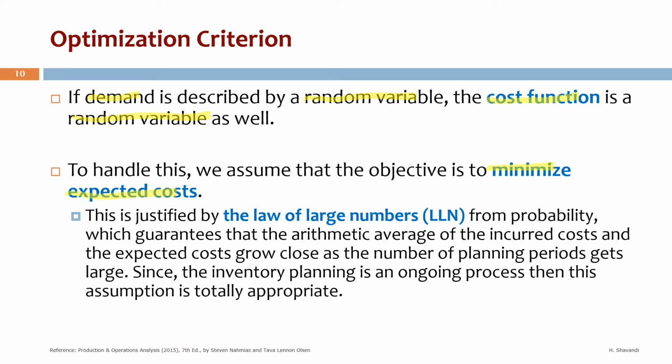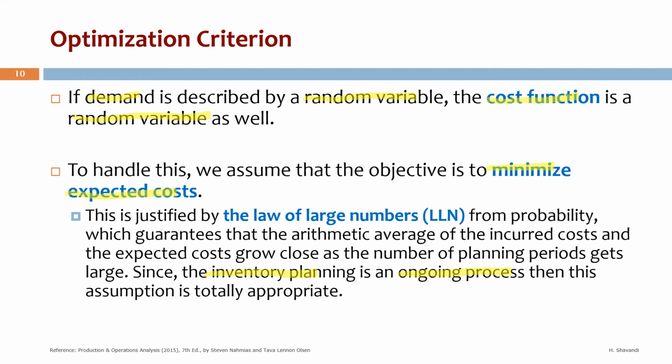In order to justify this approach, we assume that the business we are considering for optimization is in the market for a very long term, so inventory planning will be an ongoing process in that business. Because of that, assuming the expected cost is totally justified.